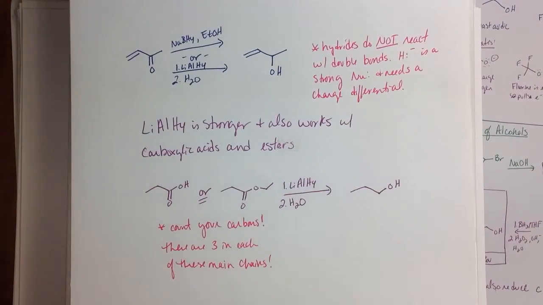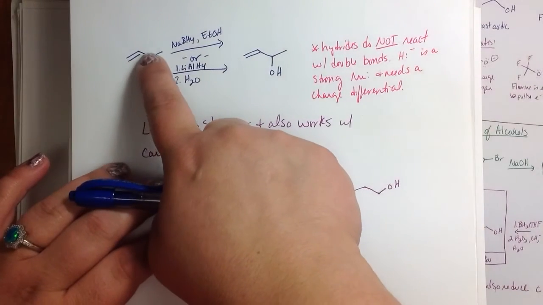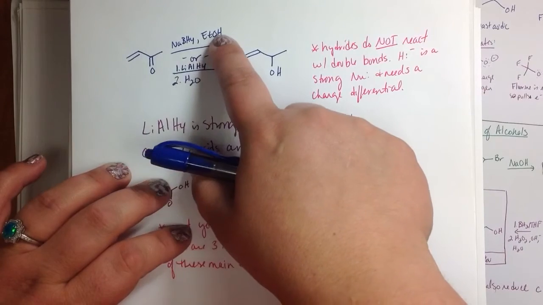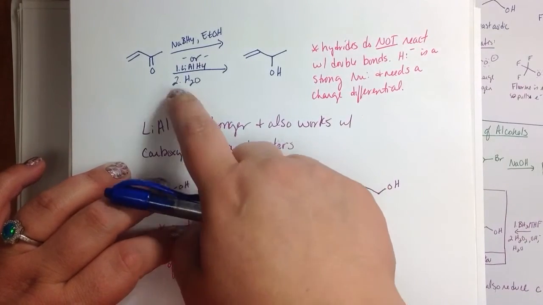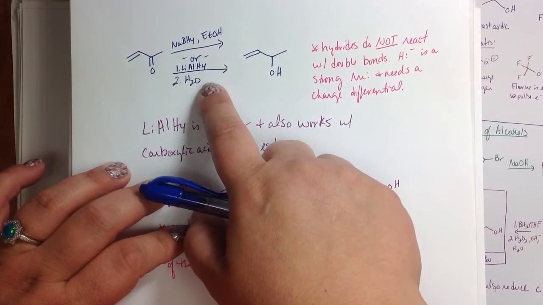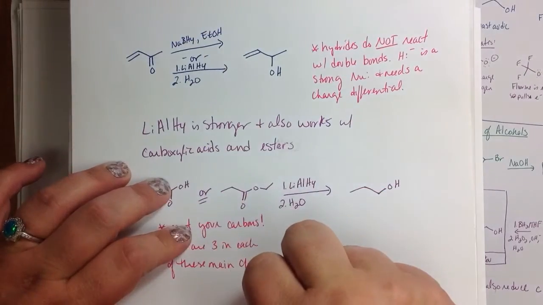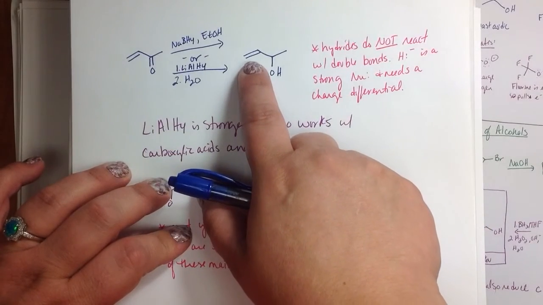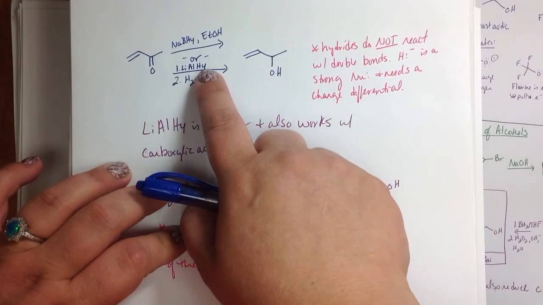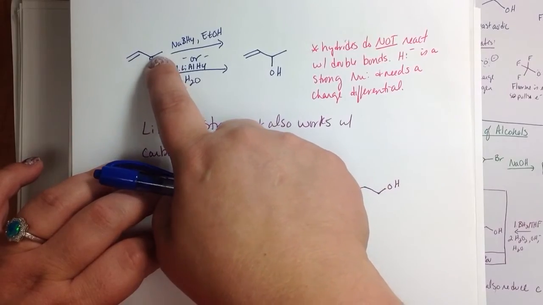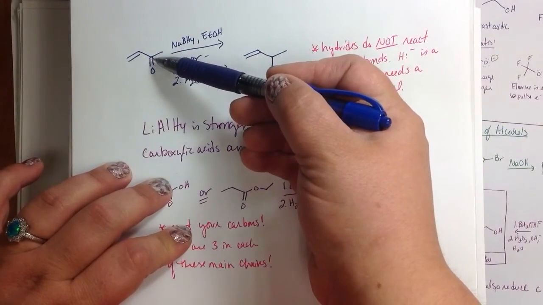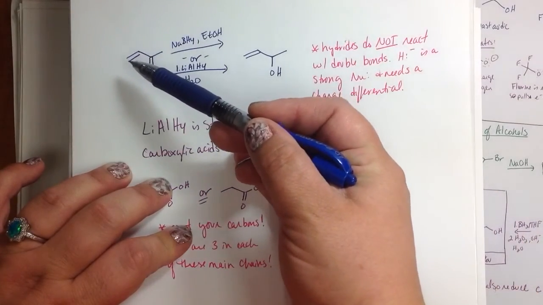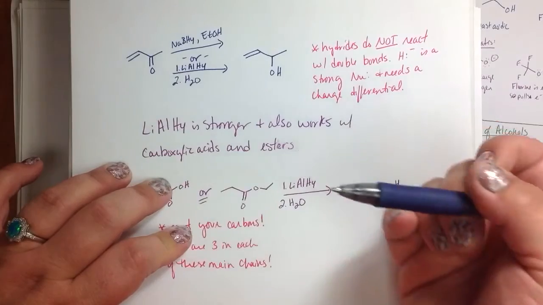But when we're dealing with these hydrides, they do not touch a double bond. You can either use NaBH4 and EtOH, or you can use lithium aluminum hydride followed by water. Two separate steps, okay, to end up with this OH. They're just not going to react with this double bond because an H minus is going to attack the carbon down here that's partially positive, and therefore it doesn't have anything that's partially charged in this bond and cannot react with it.